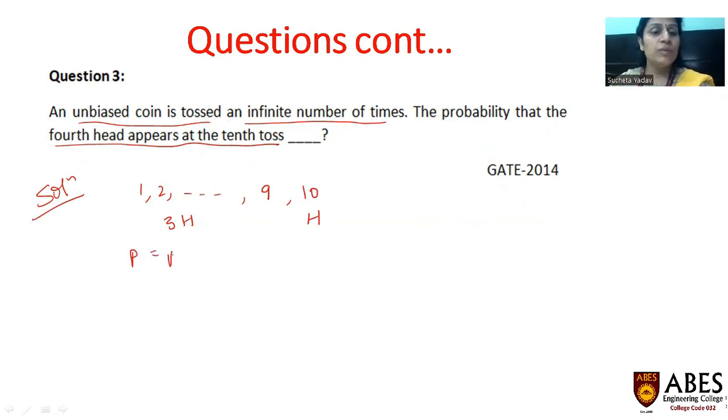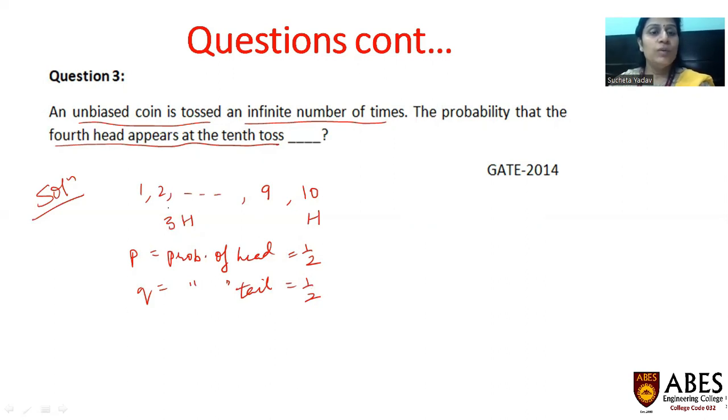Now, if P is the probability of getting a head, the probability of head while tossing a coin is 1 by 2. Q, the probability of getting a tail, is also 1 by 2. Success I am counting to be head, since the question is asked about head here.